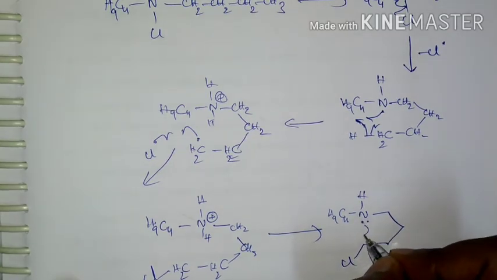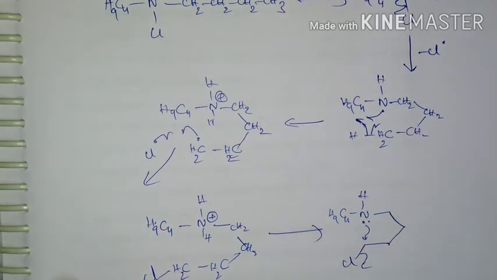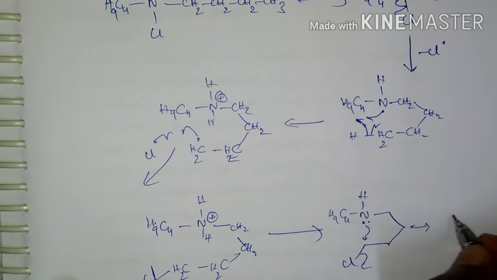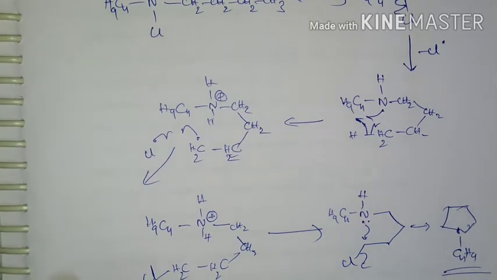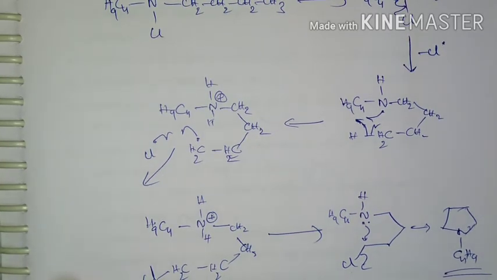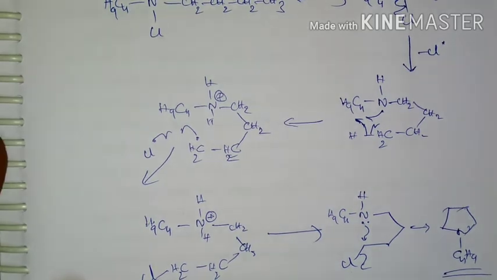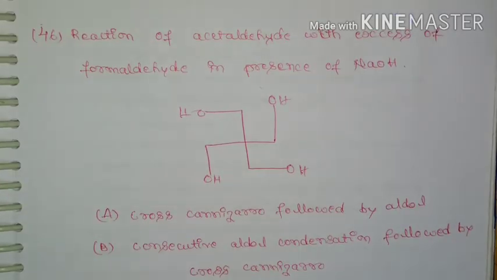So this lone pair now attacks here and this chloride group will be lost, and finally we are going to get a 5-membered ring. And this reaction is known as the Hofmann-Loffler-Freytag reaction.